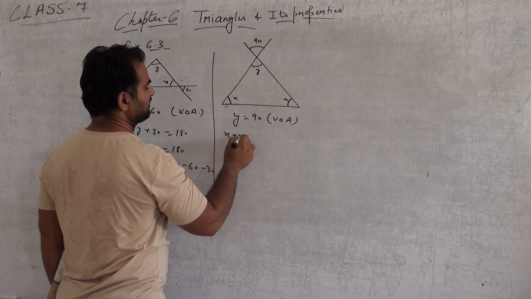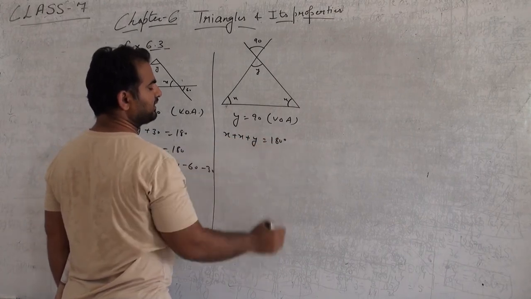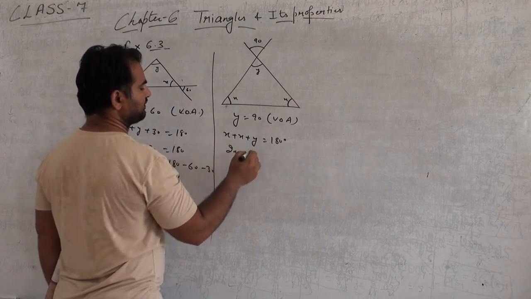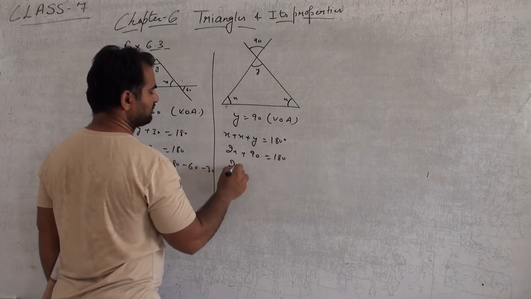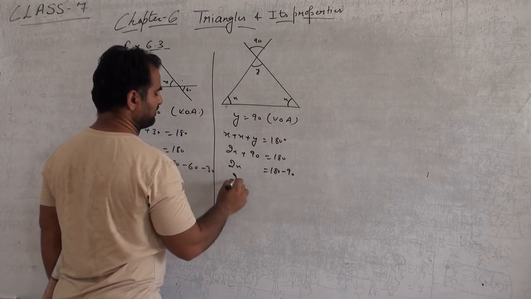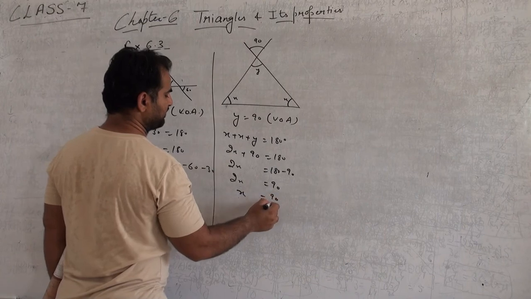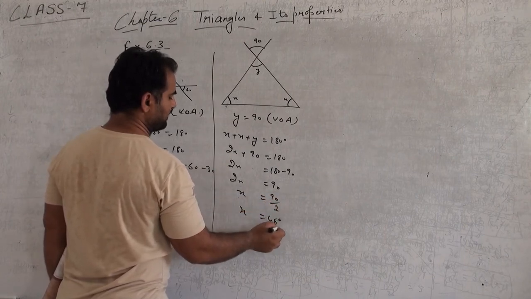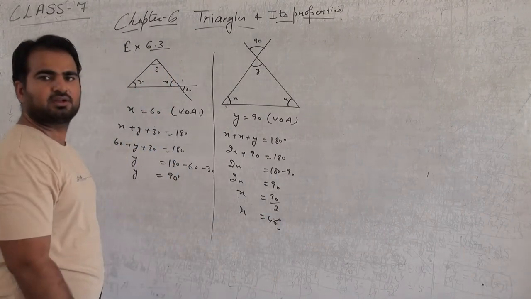Then the sum of all angles of a triangle equals 180 degree. X plus x will be 2x. And we know the value of y is 90, equals 180. So 2x will be 180 minus 90. So 2x will be 90. X will be 90 upon 2. So x will be 45 degree. Okay, 45 degree. This is your answer.